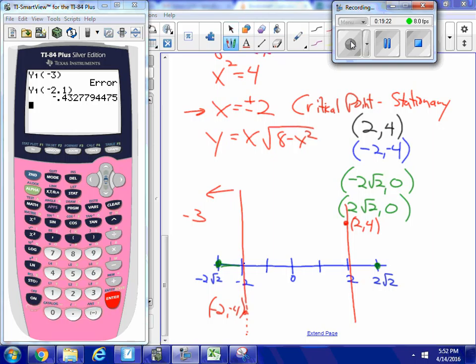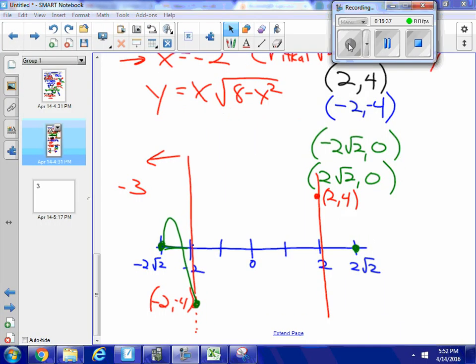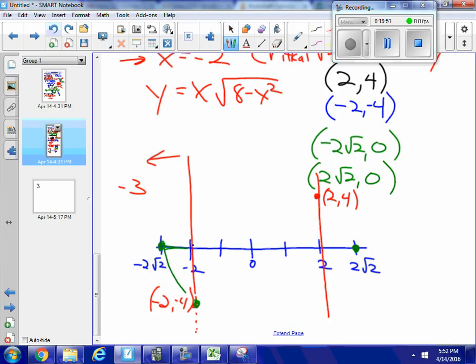Because if I have an endpoint right here, and I know that the next point where it can change signs is down here, I can't go up and then down to there. If I did that, I would have had to have another critical point here. And I don't have another critical point there. So there was really no question that my first part of this graph was going to go down.